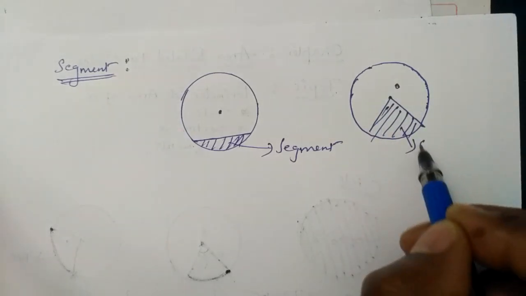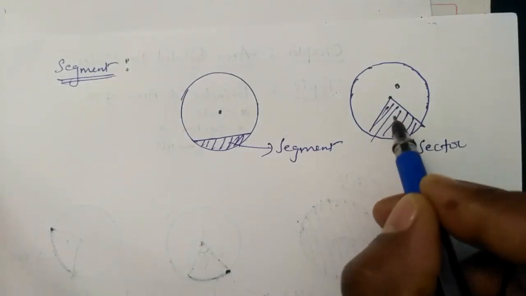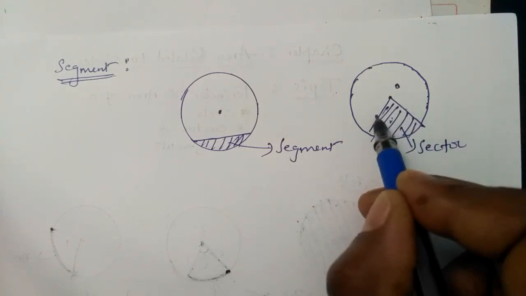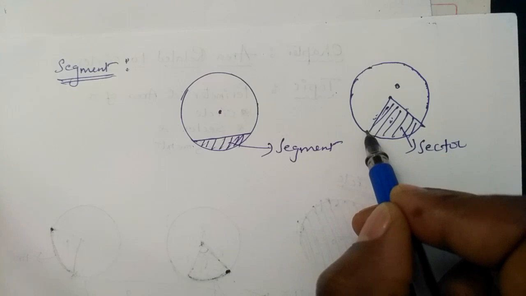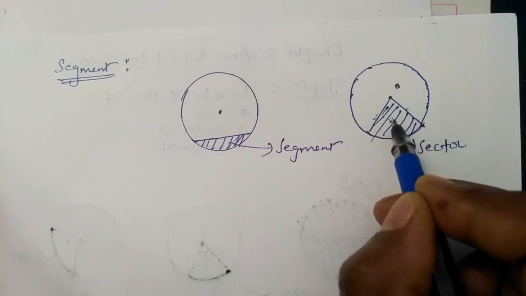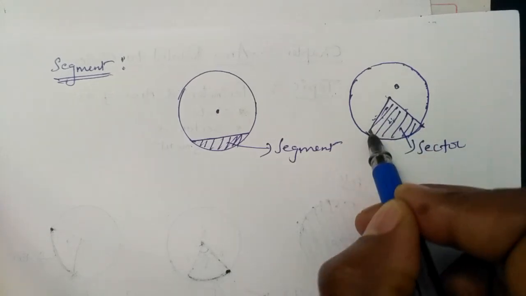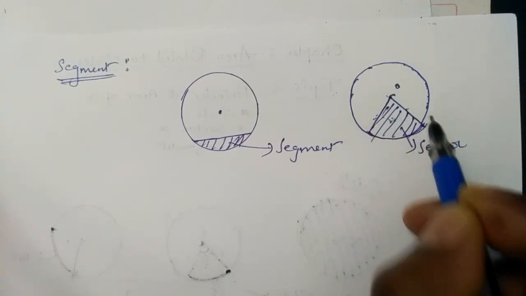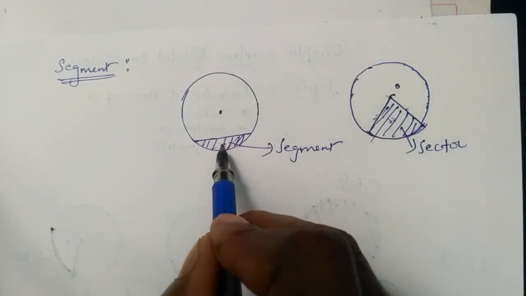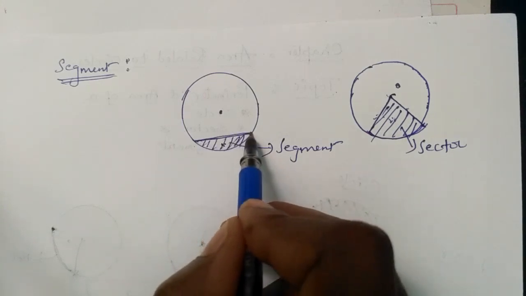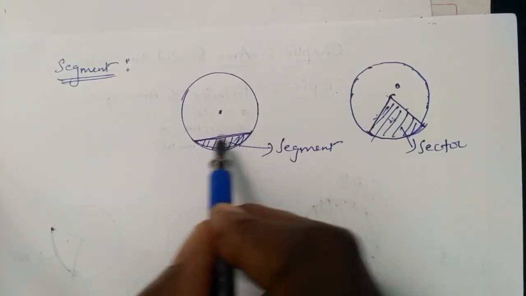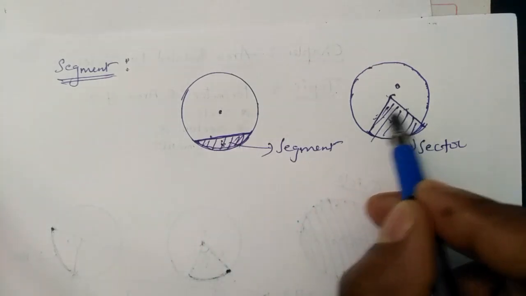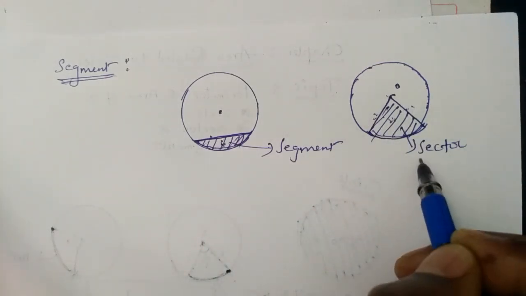This is called a sector. A sector is the region surrounded by two radii and an arc. Look, this region is surrounded by radii and an arc. But a segment is the region surrounded by a chord and an arc. A chord and an arc form a segment; radii and an arc form a sector.